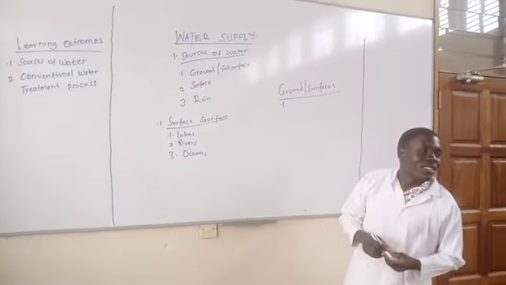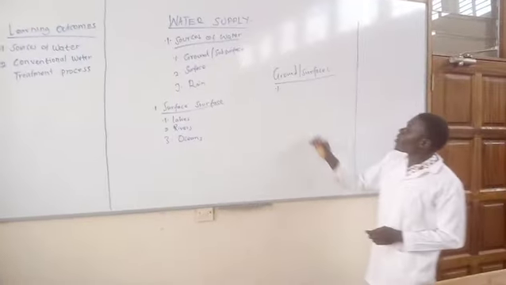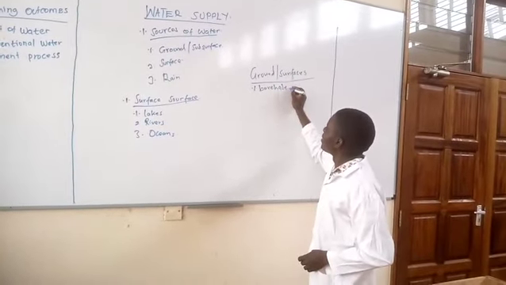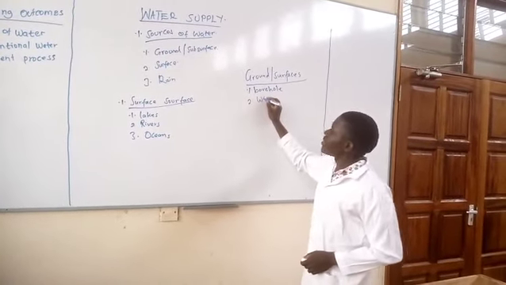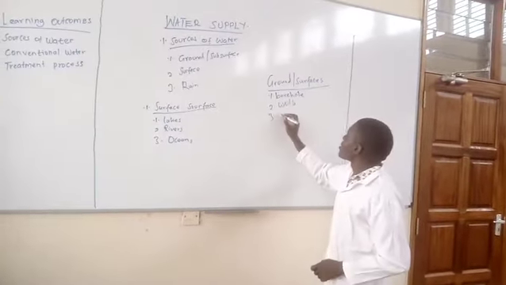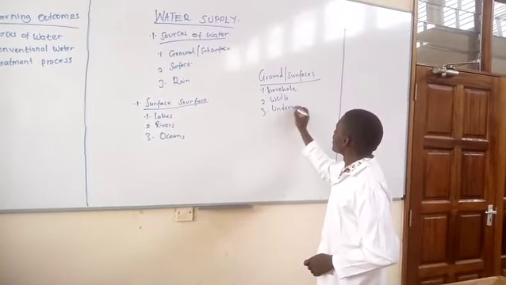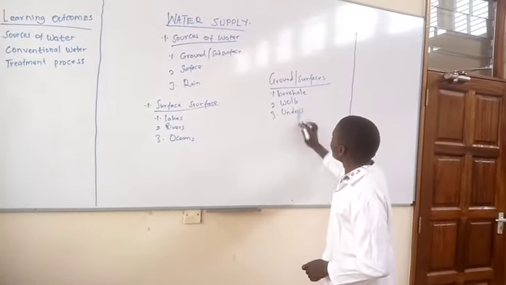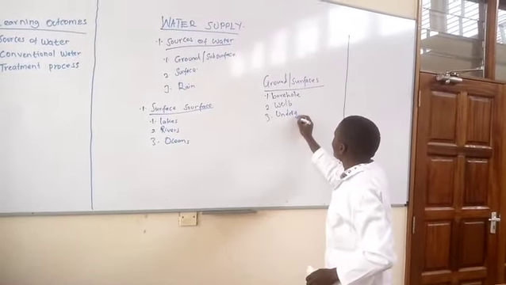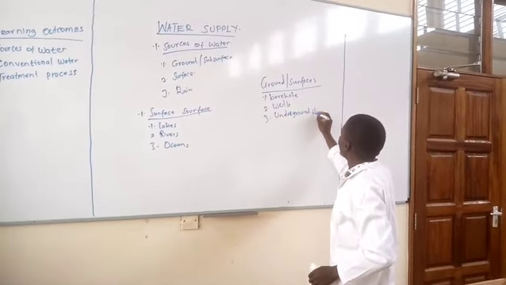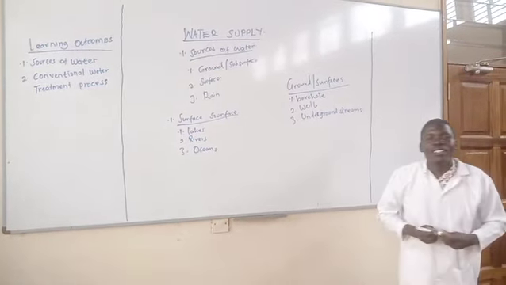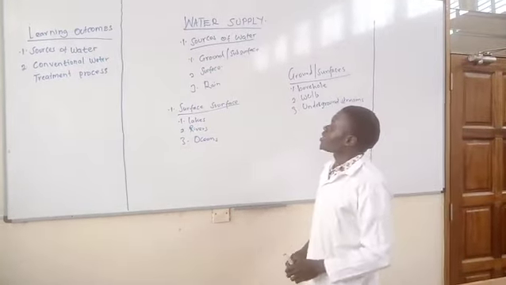For example, boreholes, wells, and underground streams. Those ones are enough for that category.